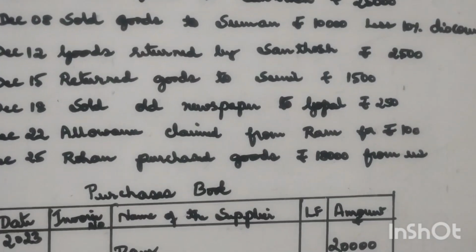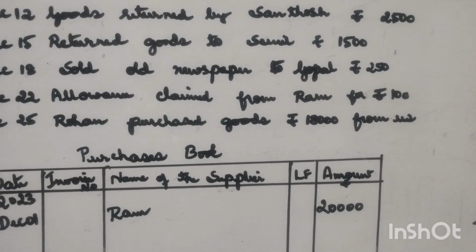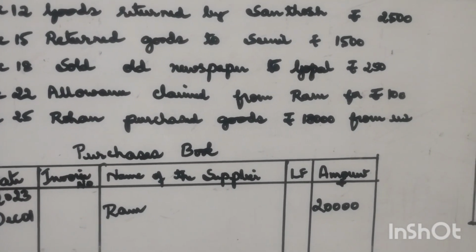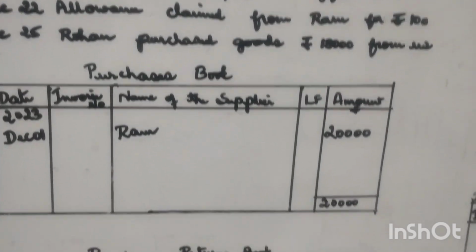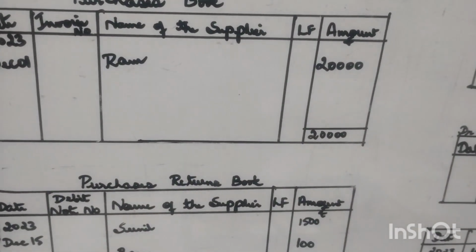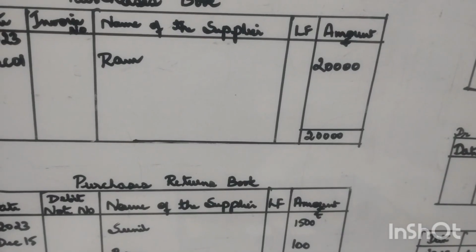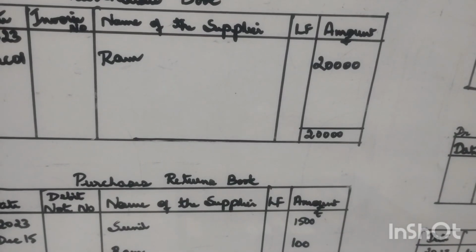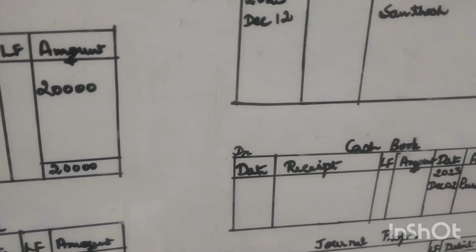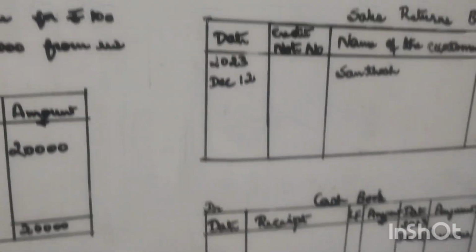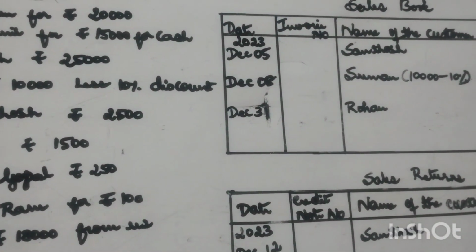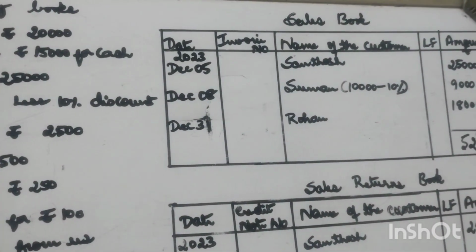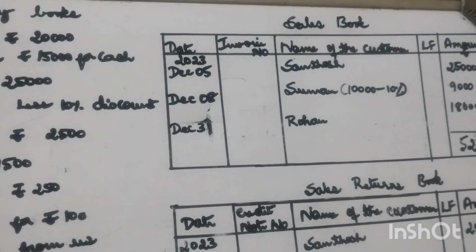The format of purchase book: date, invoice number, name of the supplier, ledger folio, amount. Purchase returns book: date, debit note number, name of the supplier, ledger folio, amount. Next, sales book: date, invoice number, name of the customer, ledger folio, amount.